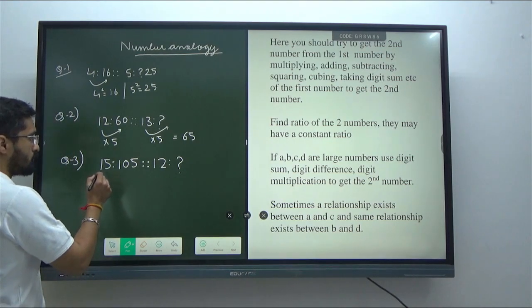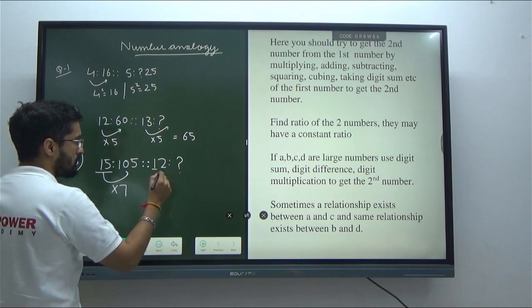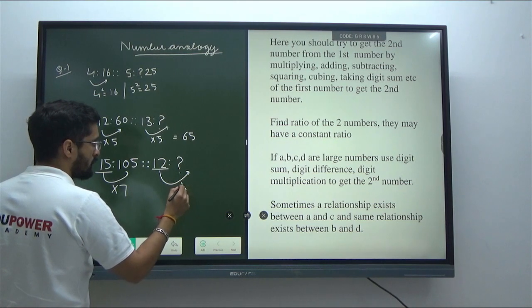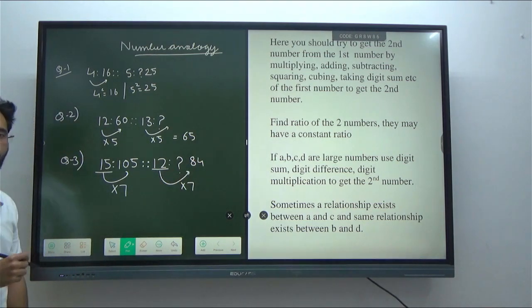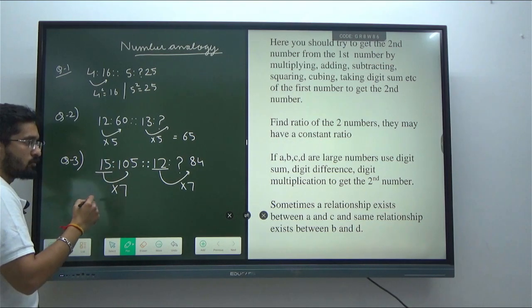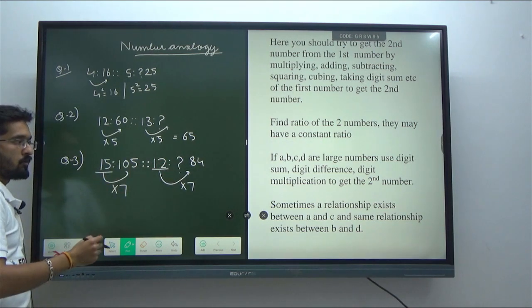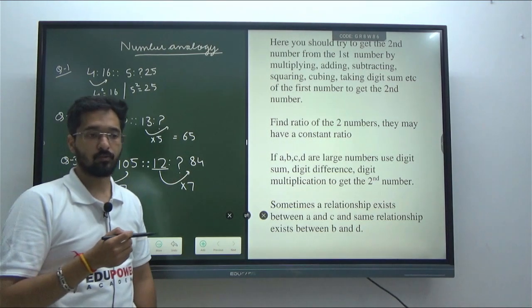We know that 15 sevens are 105, so what should be the answer? 12 sevens are 84, the answer is 84. The ratio is the same: the ratio of 15 to 105 is the same as the ratio of 12 to 84, a 1:7 ratio.